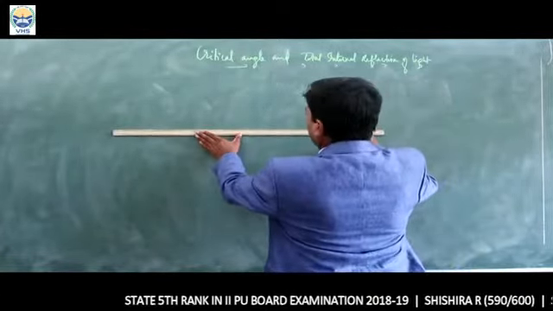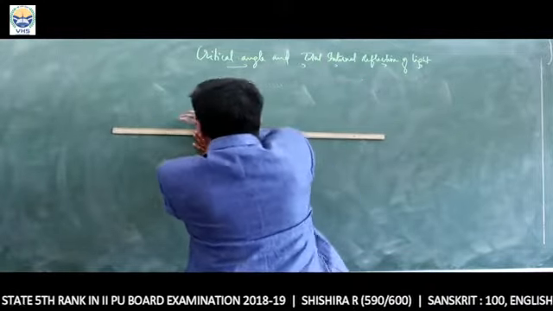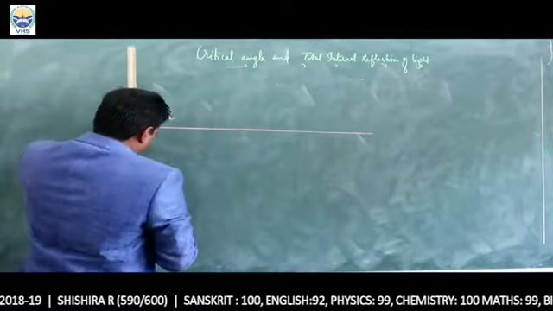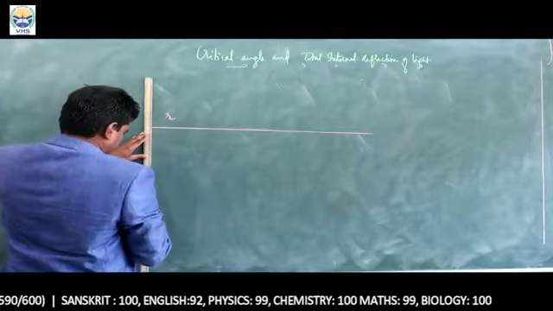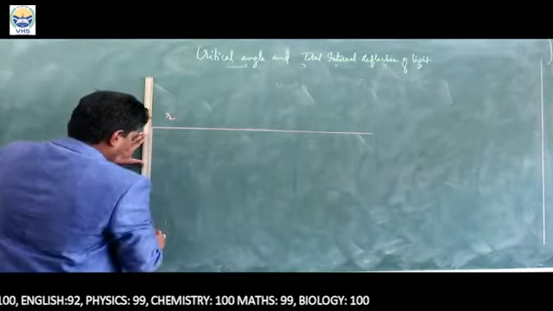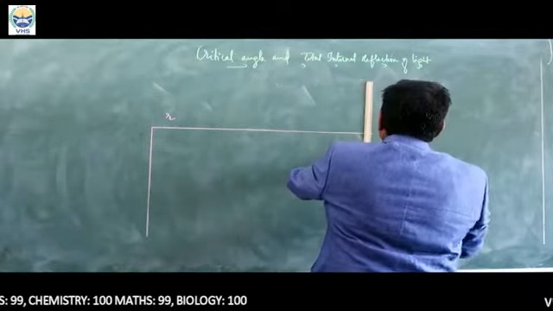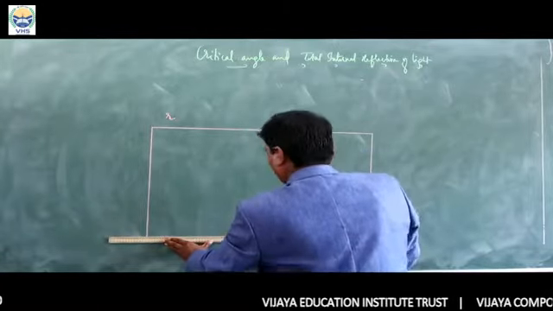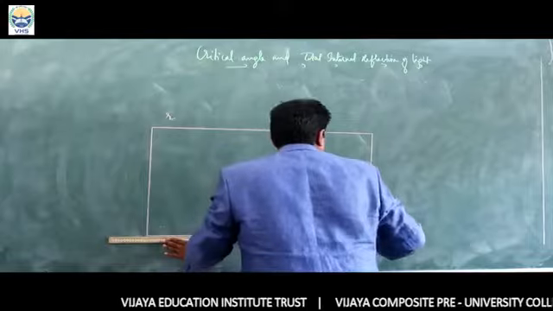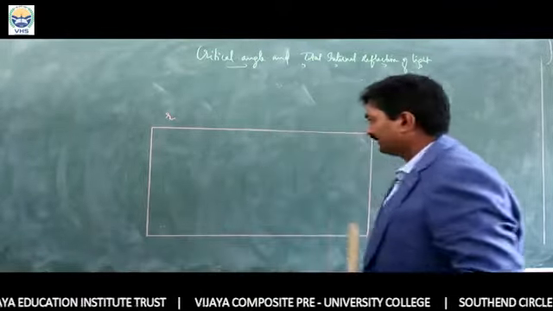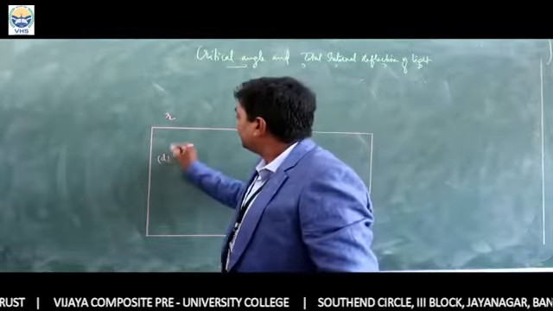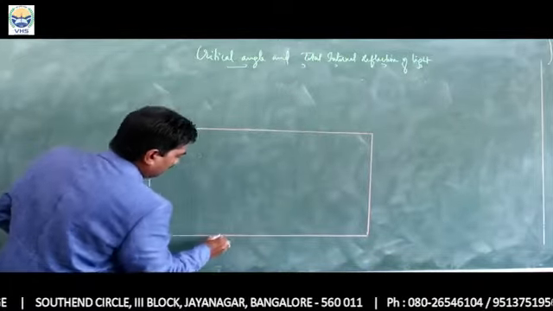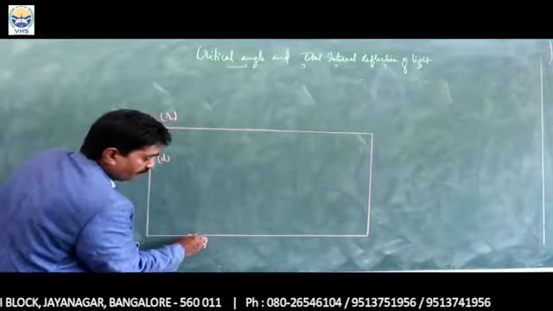Let me consider this is the interface separating two media. This is the rarer medium, whereas this is the denser medium. This is the denser medium, this is the rarer medium. Let me consider an object is kept in the denser medium.